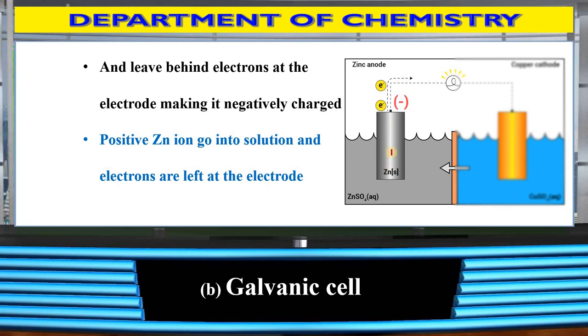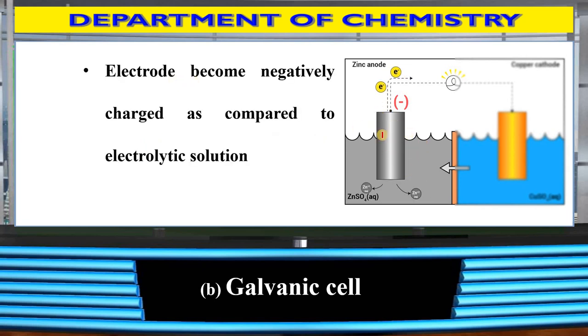It means that when the zinc rod comes in contact with zinc sulfate solution, that zinc converts into Zn2+ ion and the extra 2 electrons will move towards the cathode. Therefore, the zinc electrode becomes negatively charged as compared to the electrolytic solution, because zinc moves into the solution as Zn2+ ion and the zinc rod carries 2 electrons, or a minus 2 charge.